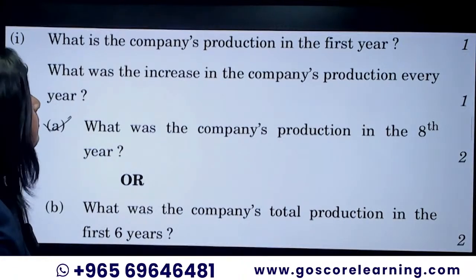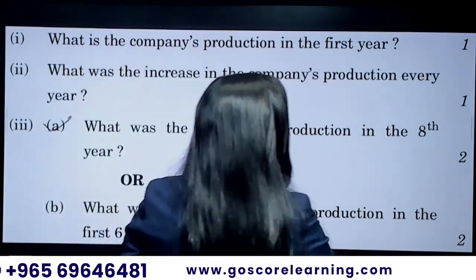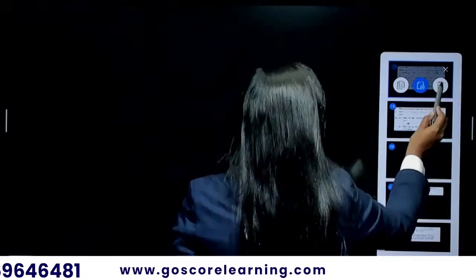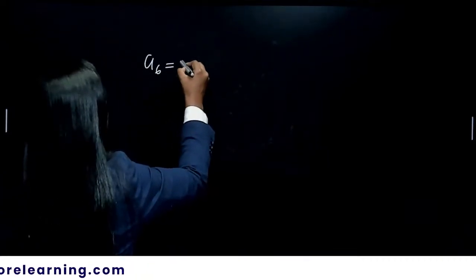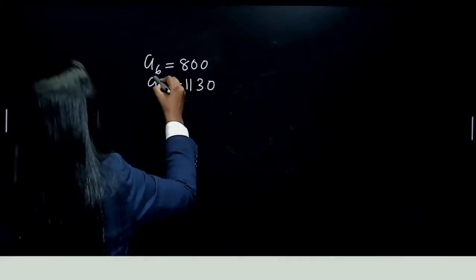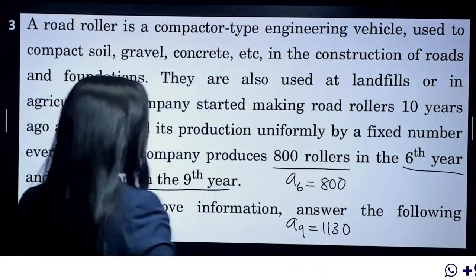Okay, so what is the company's production in first year? Before moving to the questions, let us write what we have. So A6 is 800. These things are given, right? So what is A6?